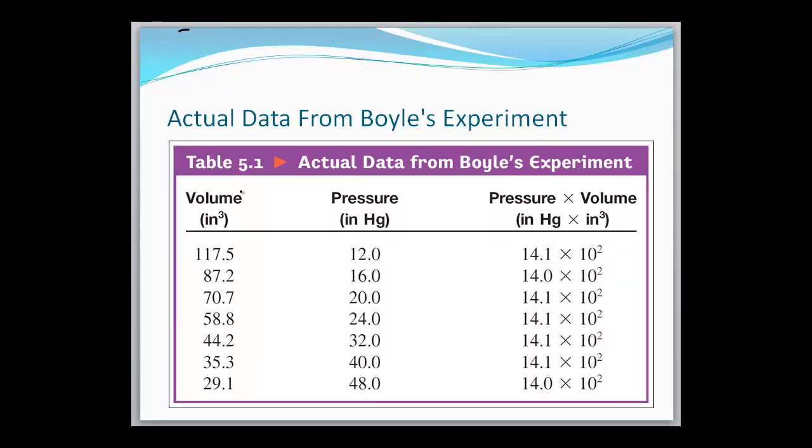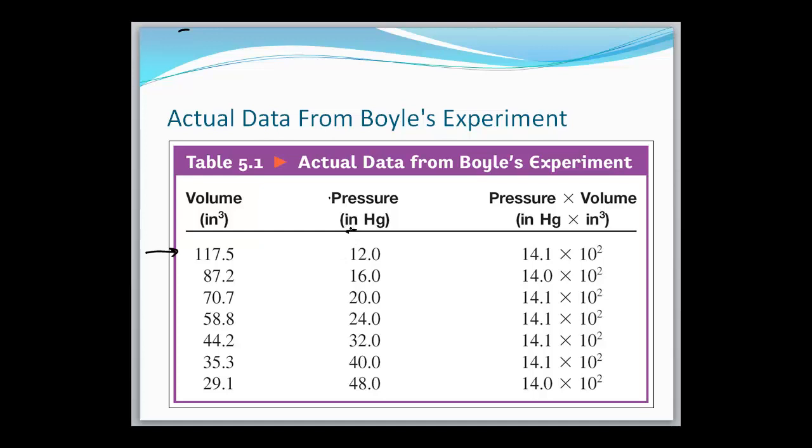Okay, what we want to do is look at an example of what Robert Boyle may have done to first discover the relationship between pressure and volume. So what he did was a series of experiments. In the first experiment, the system had a volume of 117.5 cubic inches, and at that volume there was an outside pressure of 12 inches of mercury on the system.